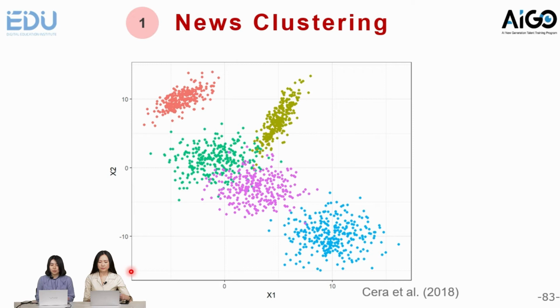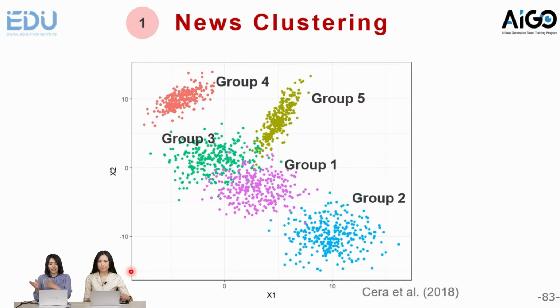So there are so many news every day, and you know that different media channels sometimes produce news articles based on the same event. So definitely they will have a very similar distribution because they mention the same words, but probably from different angles. So based on the clustering, we can cluster the news into, for example, 5 different groups, and each group indicates a certain event, and there are many news articles mentioning this event.